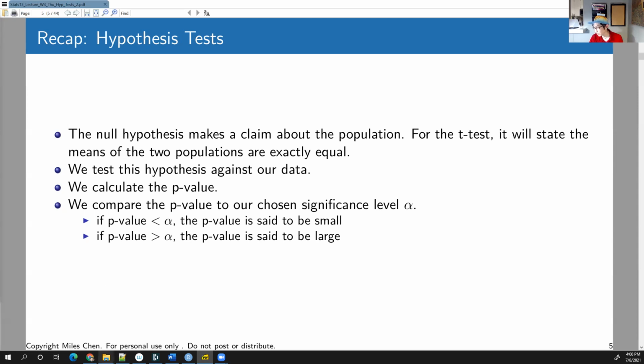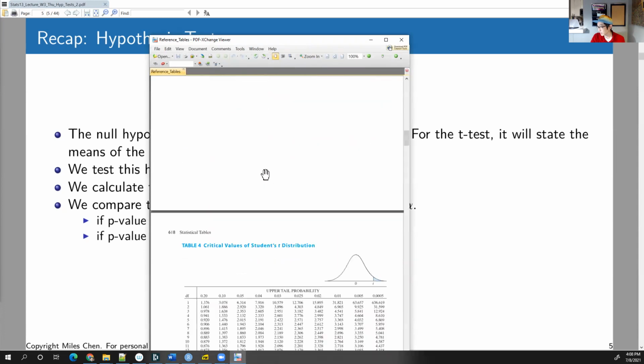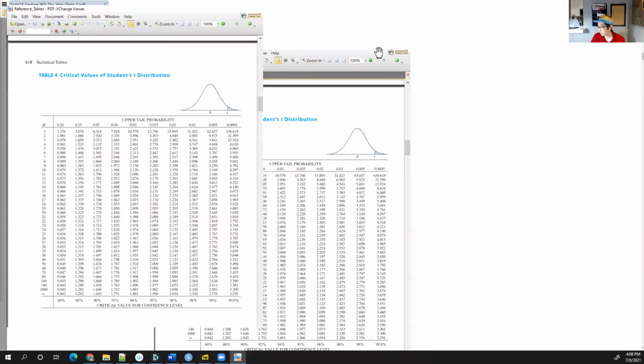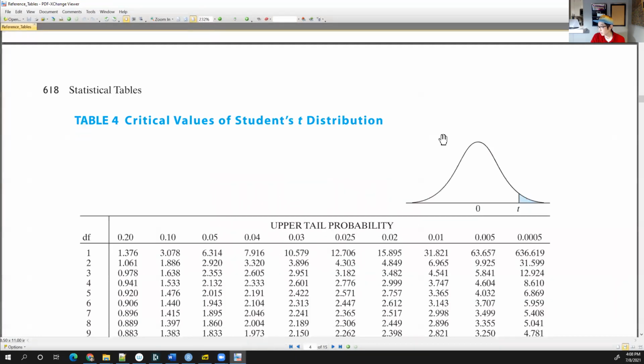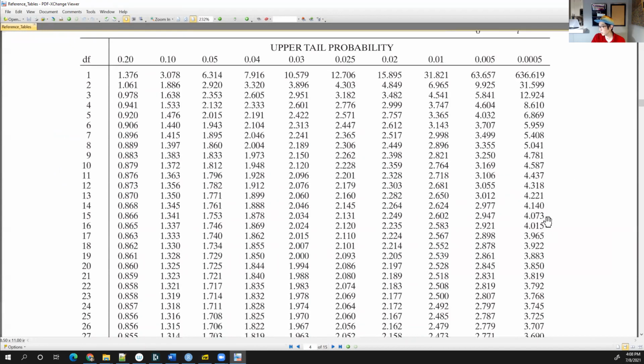So the question is, what do you get if your test statistic ends up being a really extreme value, like 30? Here is our t-table, and let's say we have 20 degrees of freedom and we get a big number like 30. 30 is farther from 0 than any of the numbers in this last column.